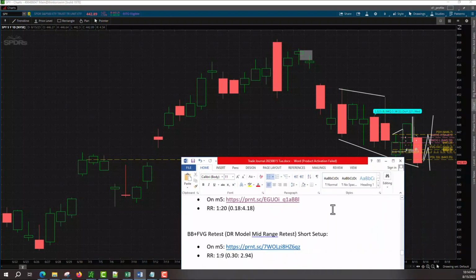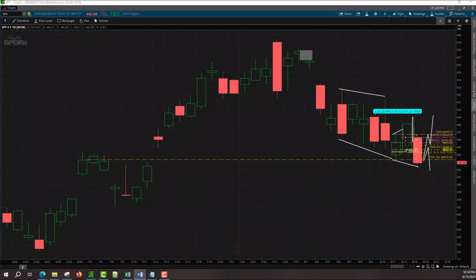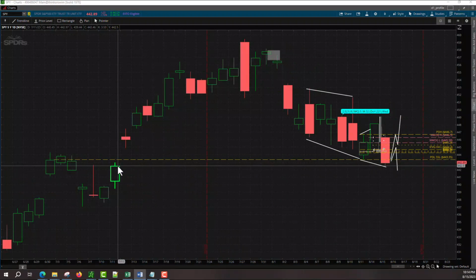So go back to the trade. Okay, our target should be the D1 fair value gap low right there, which is this one. Exactly, it happened right there. Look at that. So what this one, the close 442.46 right there.